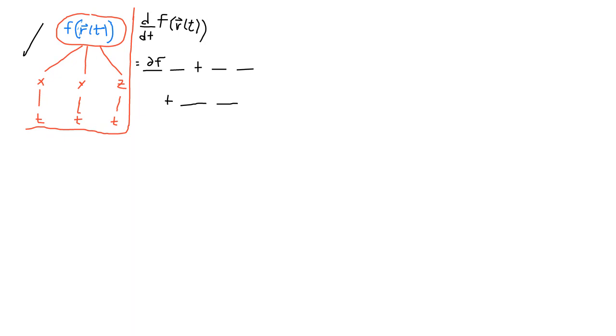First, we're going to have partial of f with respect to what? That's right, Robin. Times what then? Good. That's right, Robin. dx dt.